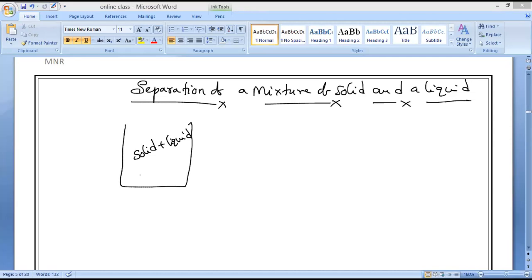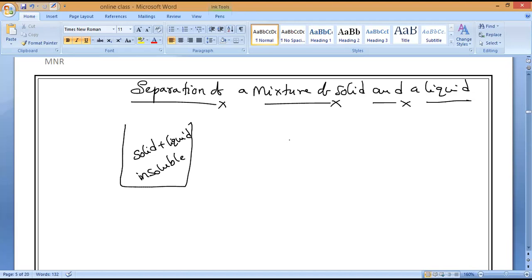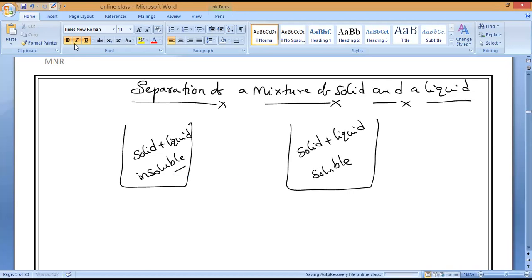Let me take the first one: maybe insoluble. What do you mean by insoluble? Is it dissolved or not? But here it is soluble. So is it possible to use the same technique for the insoluble solid and the soluble solid?